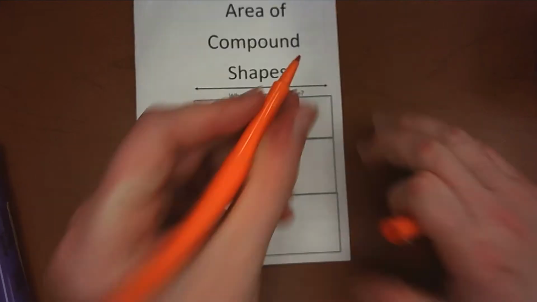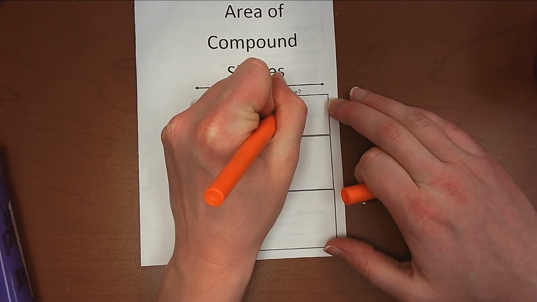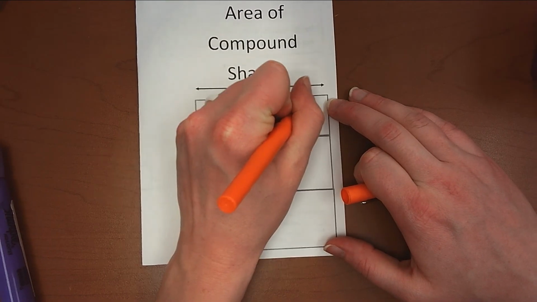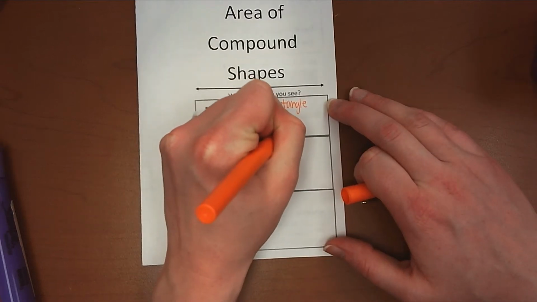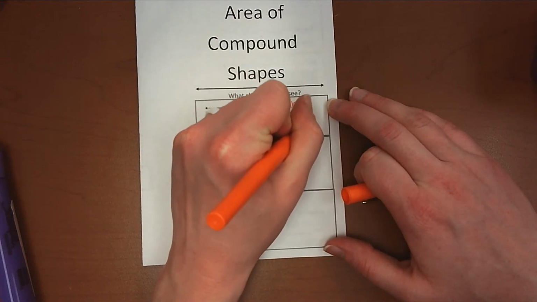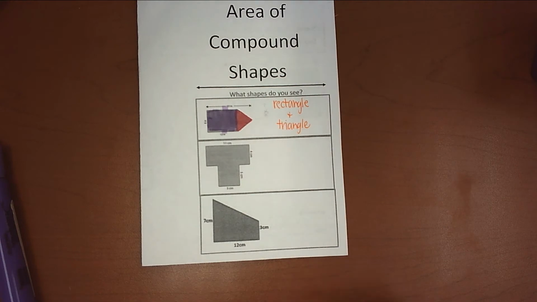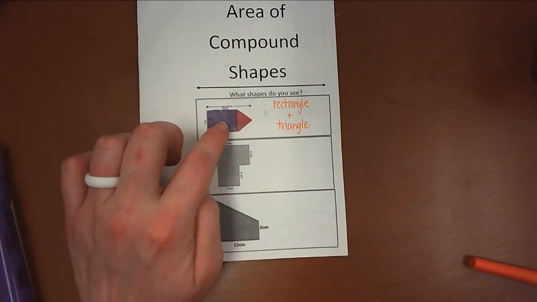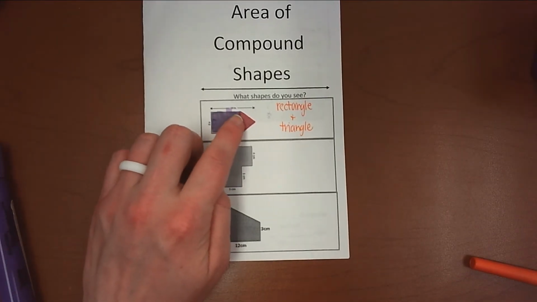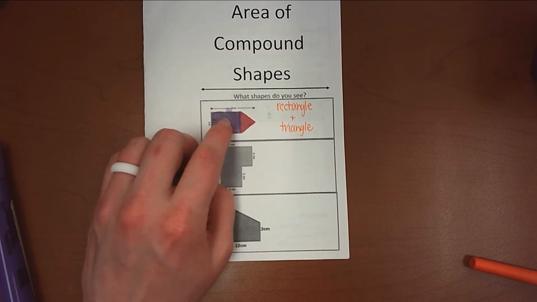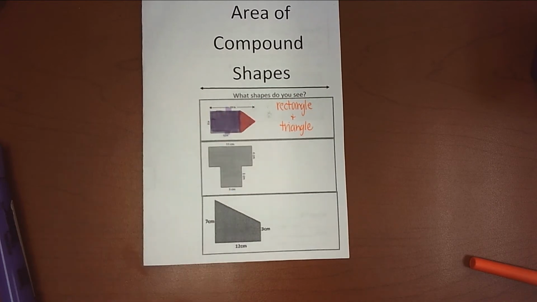I'm just going to fill that in here: rectangle and triangle. The reason that we have to be able to break this up is that we have to find the area of the rectangle, the area of the triangle, and then add them together, compound them together, to make this whole shape's area.